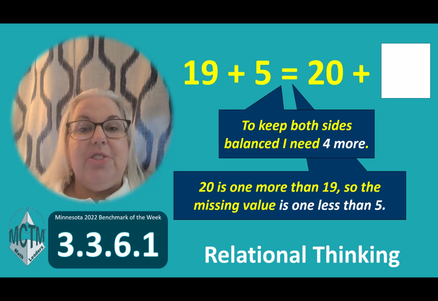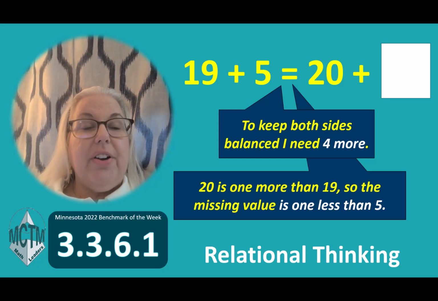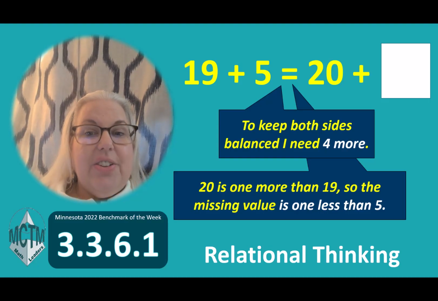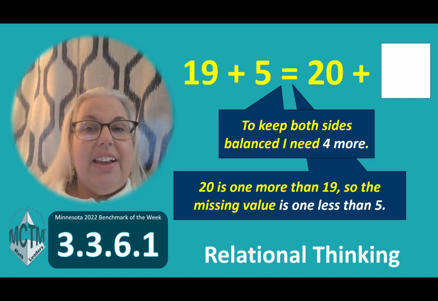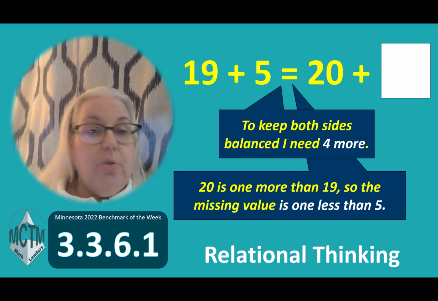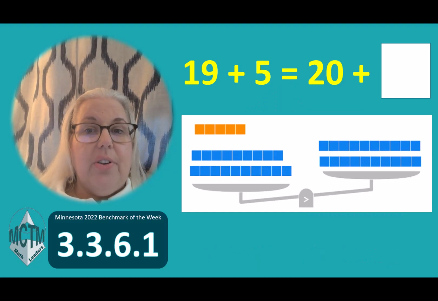Another student might say 20 is 1 more than 19. So they're comparing the first number on each side of the number sentence. So the missing value is 1 less than 5. And so they're relating the total value of one side to the total value of another side.